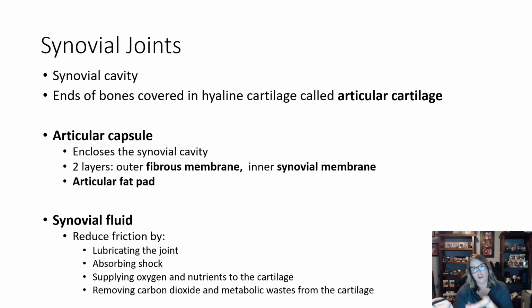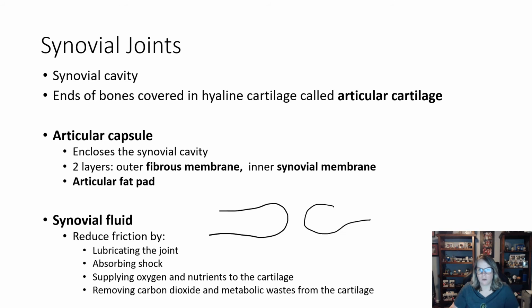Because it is a synovial joint, it has a synovial cavity. The synovial cavity is the space between the two bones. I'm going to draw this very poorly, and then we'll take a look at a better drawing on the next slide. So we can just say these are 2 finger bones, and we're going to connect them with our capsule.